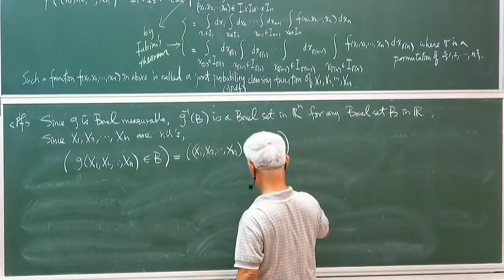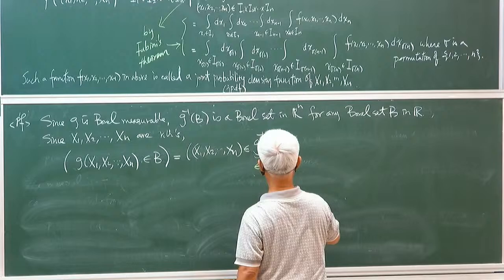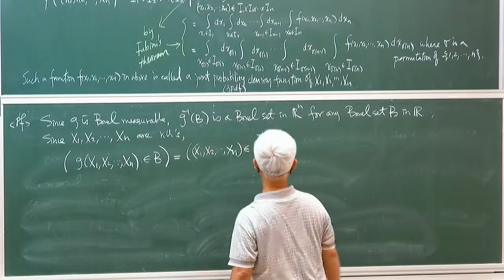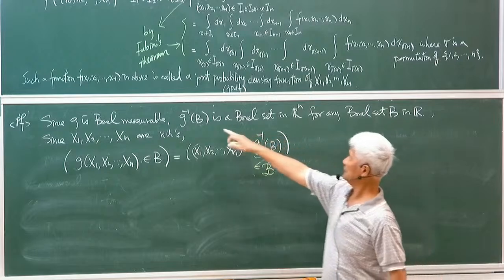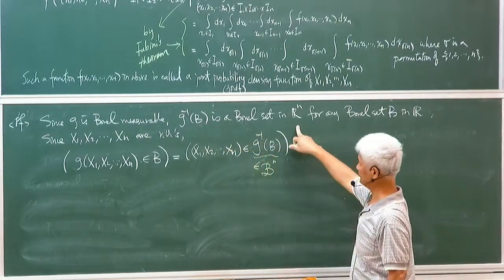All right, and we know this is in script B n, as we say the inverse image of B is a Borel set in Rn.